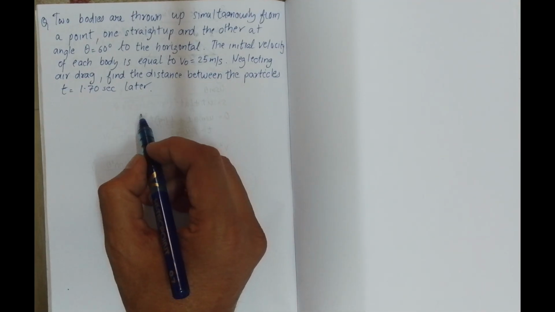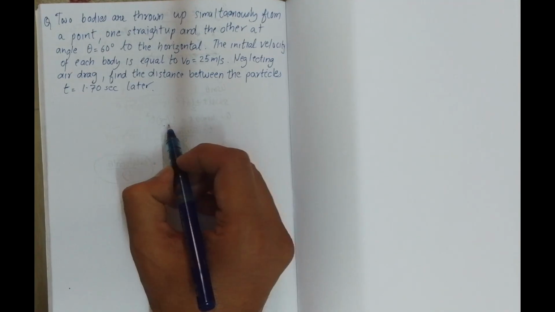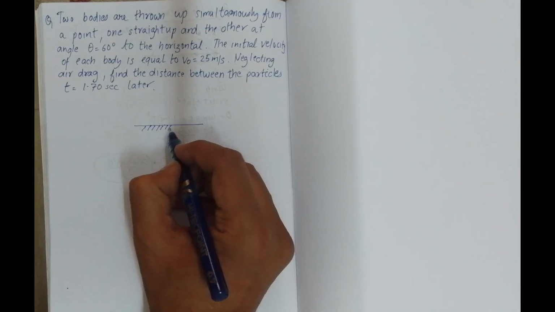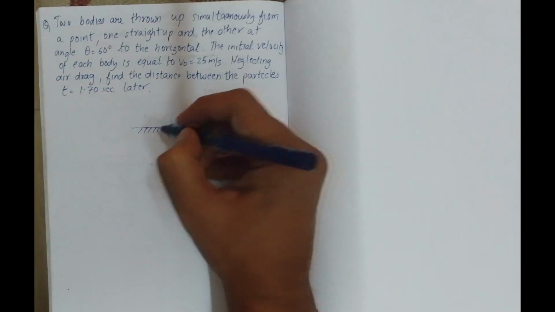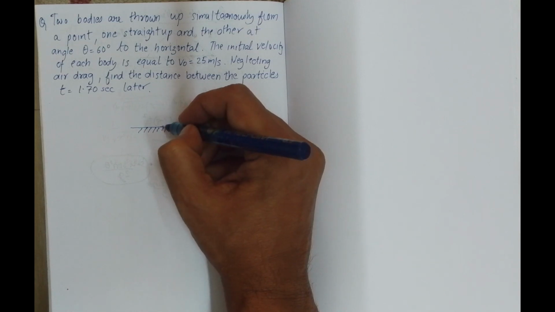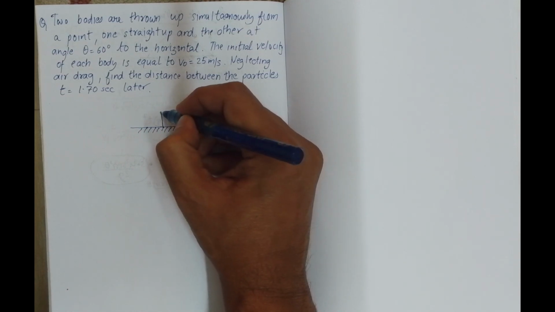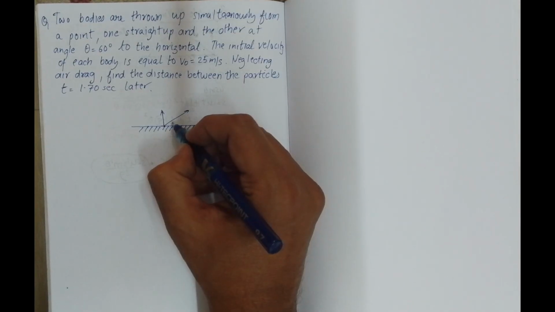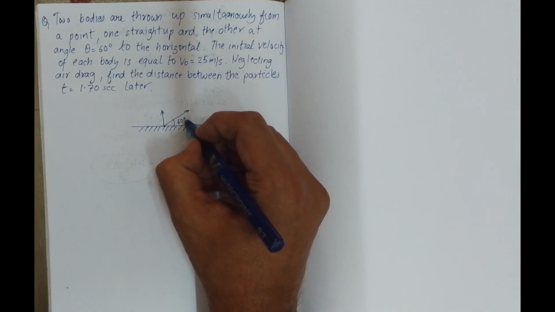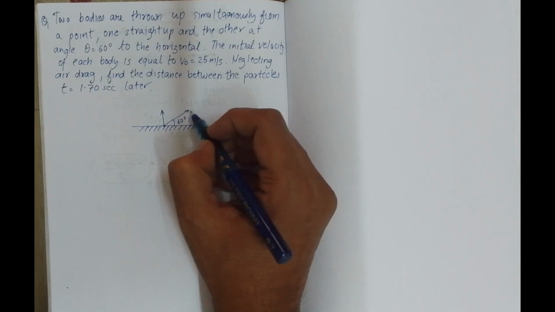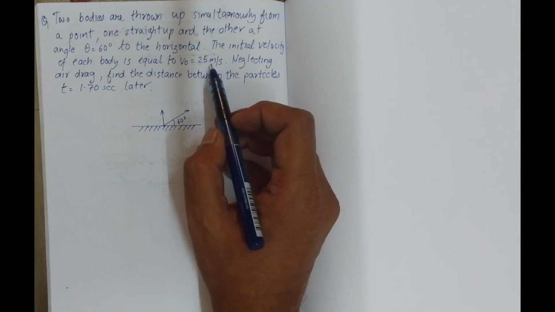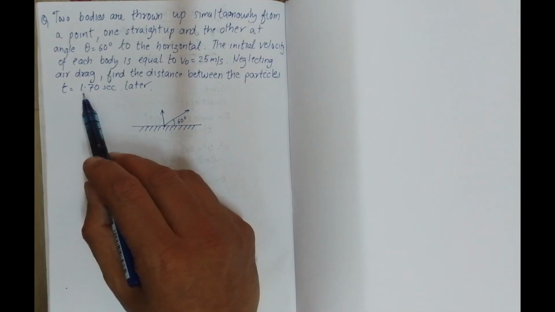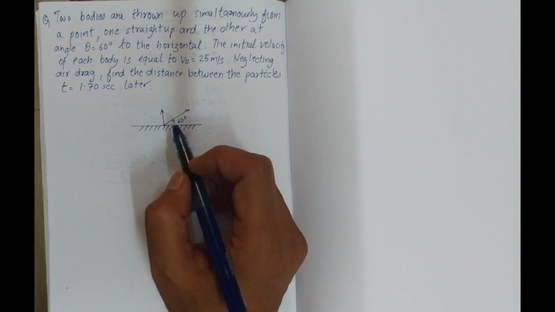So suppose this is the ground, there are two particles, one which is thrown vertically upwards and the other which is thrown at an angle equal to 60 degrees with the horizontal. The speeds of both the particles are equal to 25 meters per second. What is the distance between the particles 1.7 seconds later?